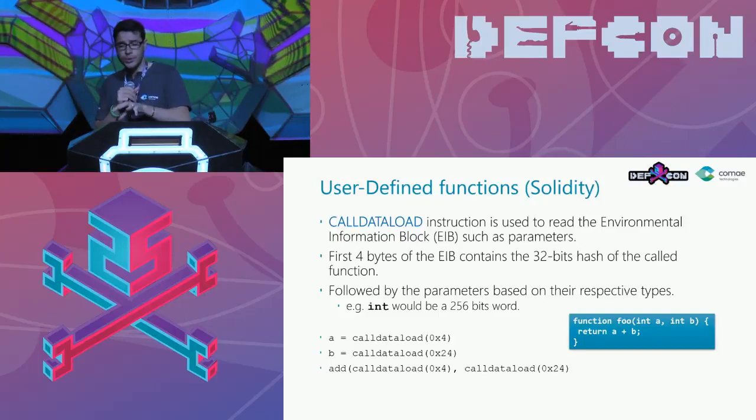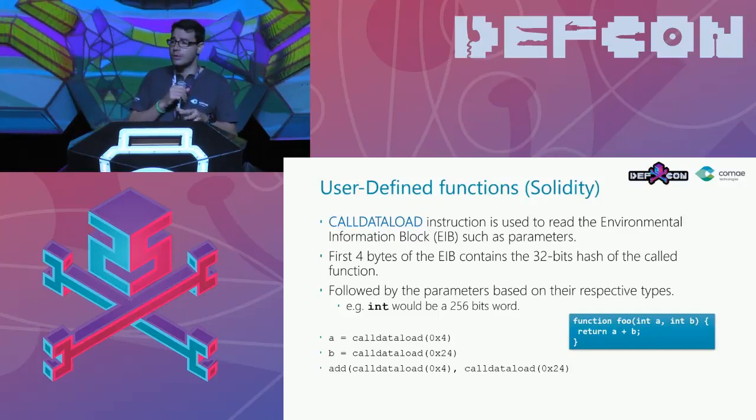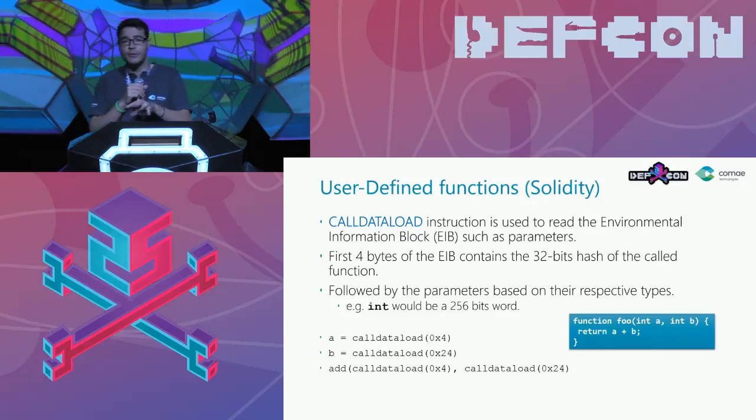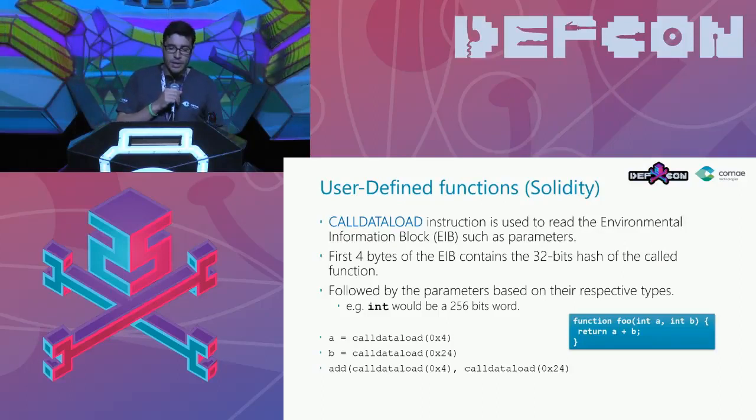The structure of that block is pretty straightforward. The first 4 bytes would be the hash method of the actual function, which we're going to describe later. And then it will be followed by the actual arguments.